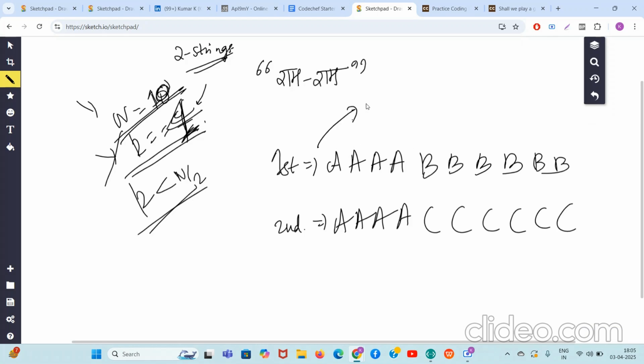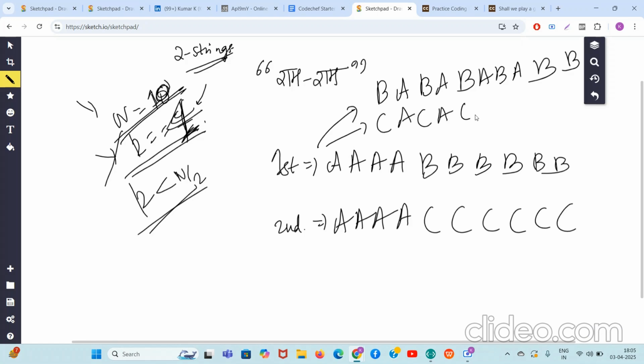Even if you alternate in the best way, B, A, B, A, B, A, B, A, B, A, B, A, B, 1, 2, 3, 4, 1, 2, 3, 4, 5. So still one more B is left here, 6. The same will happen for C A C A C A.